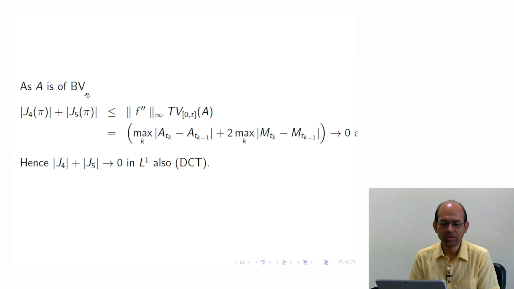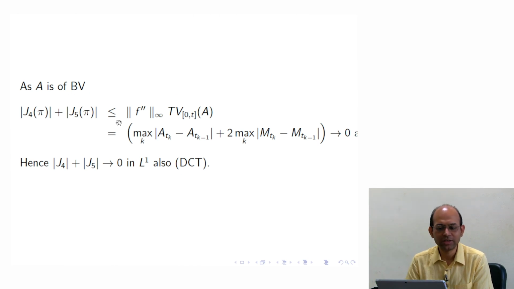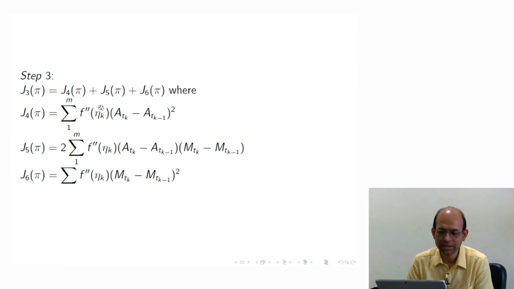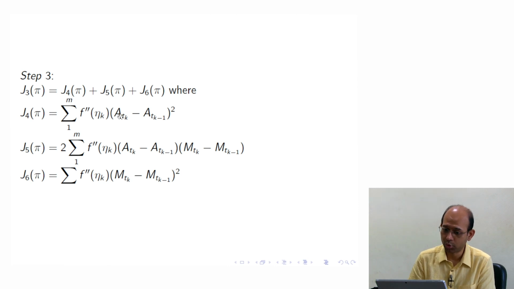As A is of bounded variation, for J4 and J5 we have a nice bound. Why is it so? Because here f double prime is a bounded function, and the A increment squared I can write as a product of two factors.